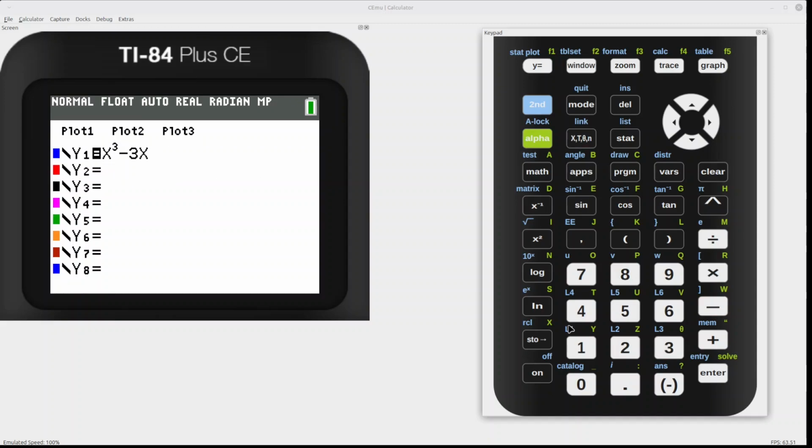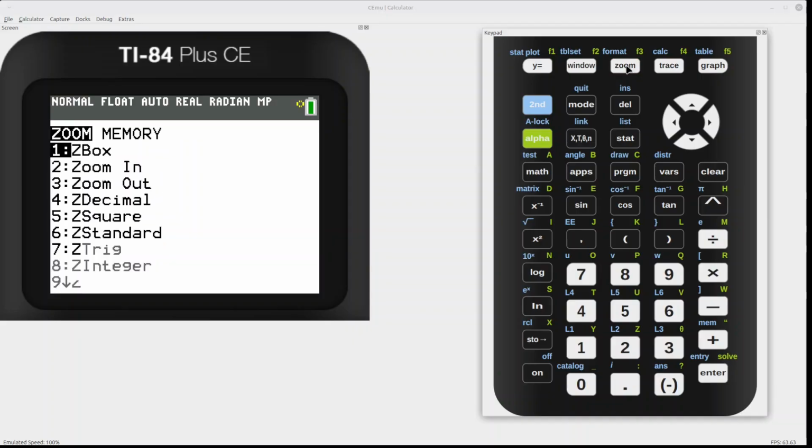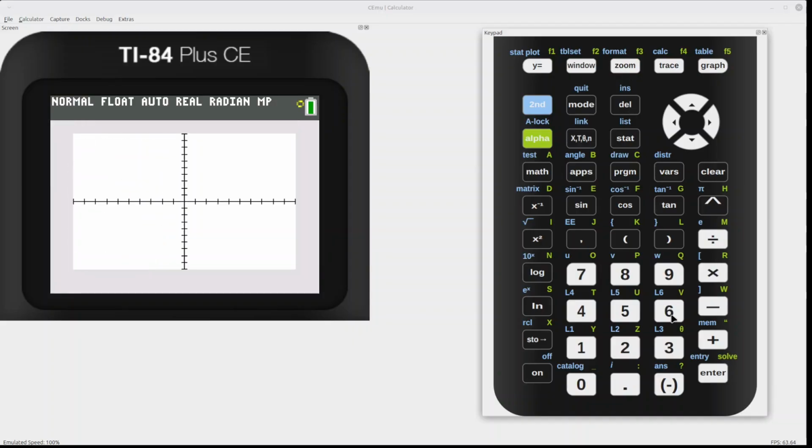Okay, a typical question would be, what is the slope when x equals 2? All right, I need to go back and change my window. So, what is the slope when x equals 2?